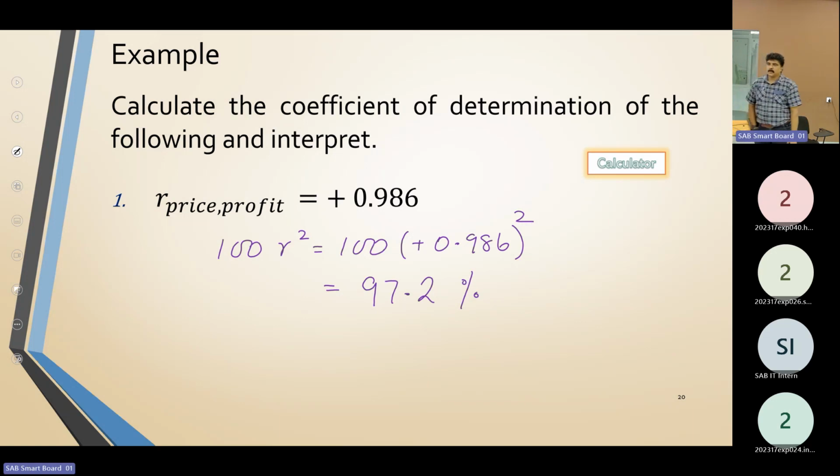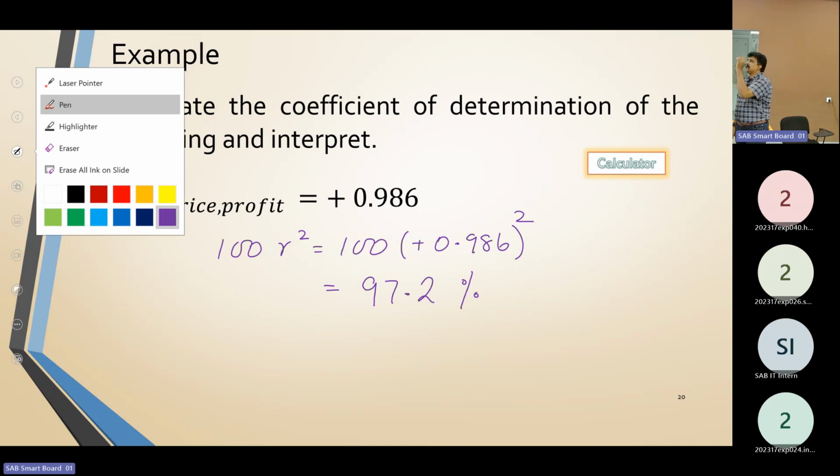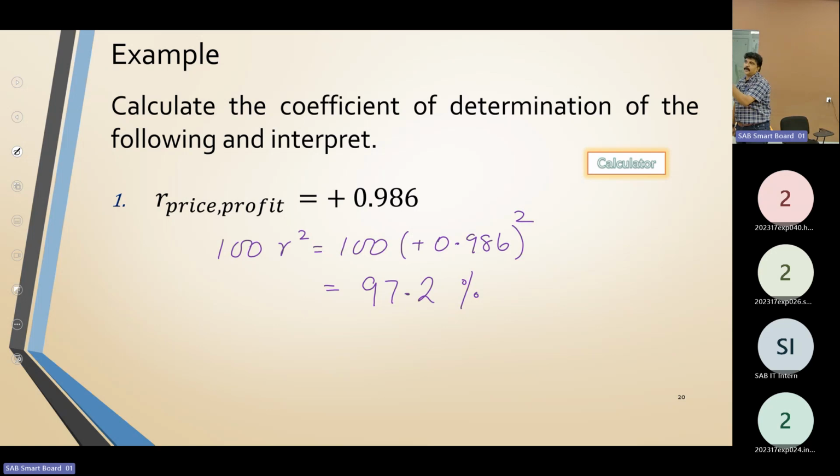So what can we say with this 97.2? The idea is that this is the percentage dependency. If you take price and profit, which one depends on the other? Profit depends on price.